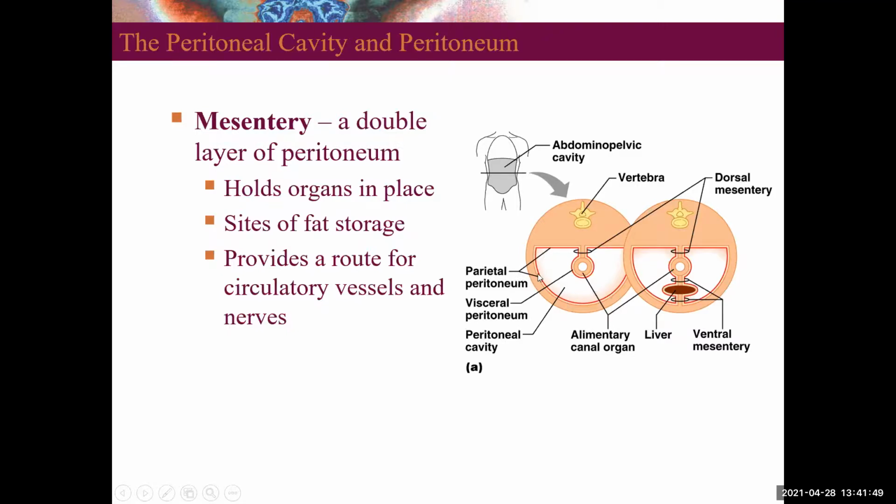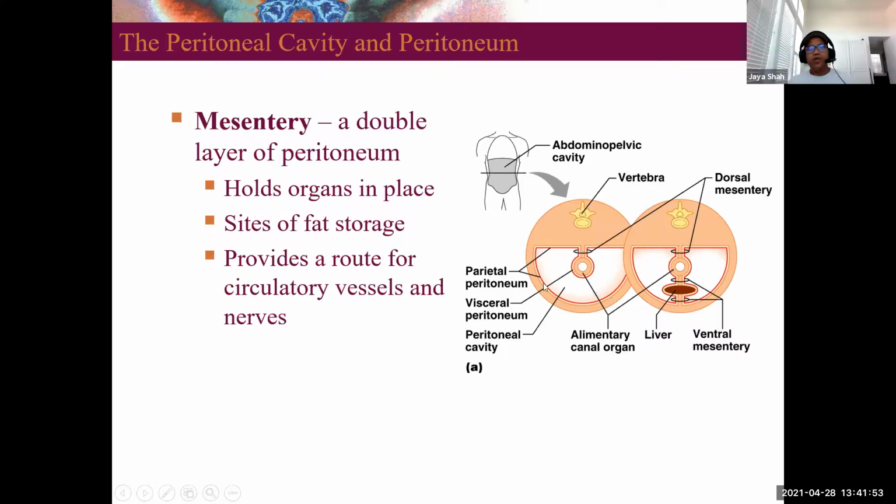You see? From this side, this is going and attached to the wall. Similarly, from the other side of the tract it also goes outside and attaches to the wall, parietal peritoneum. But when they are going posteriorly to the posterior body wall, they become a double layer. And that double layer of peritoneum is called mesentery. So mesentery is a double layer of peritoneum.